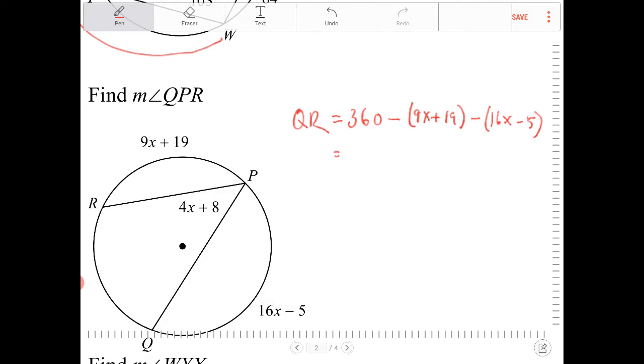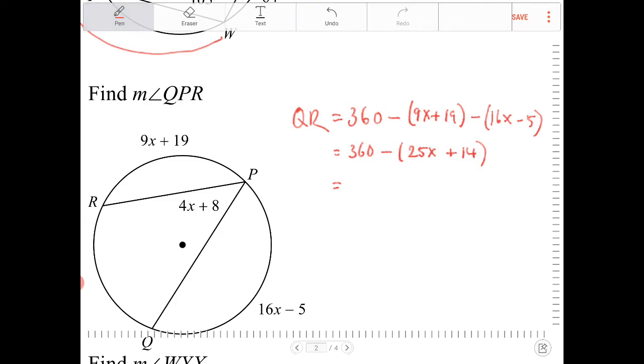If I continue with this, I will end up with 360 minus 9 plus 16, that would be 25x, and 19 and negative 5, that would be 14. So this would be 360 minus 14. What is 360 minus 14? That would be 346 minus 25x is equal to QR.